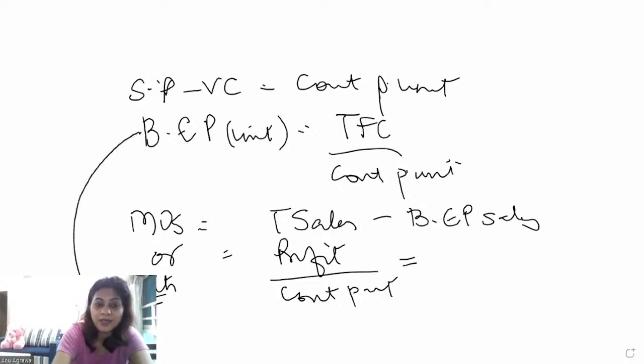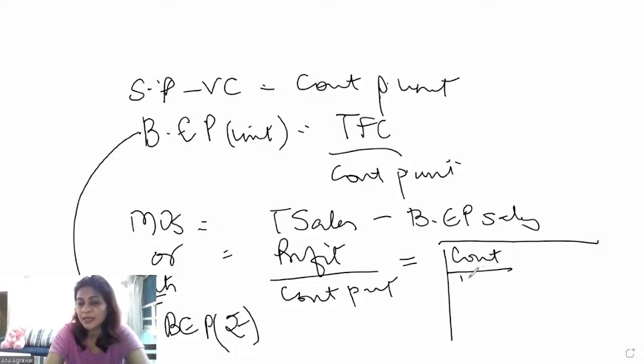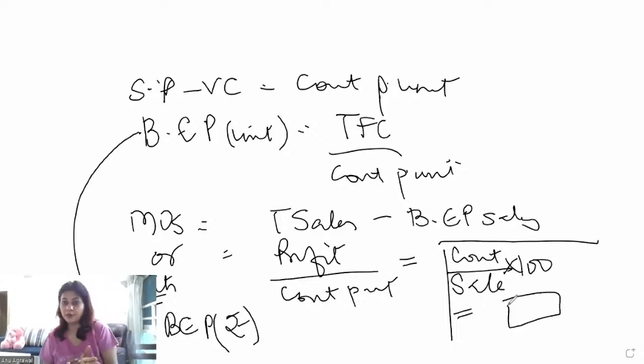Now, if I do not have per unit figures, then can I find out break even in rupee terms? Or we can say, if I do not have contribution per unit, can I find out contribution divided by sales into 100 and get a figure in the form of percentage?